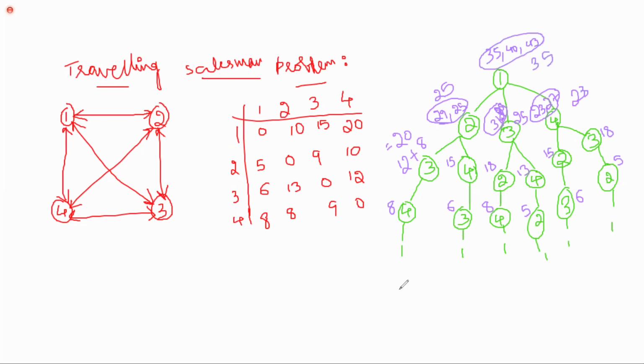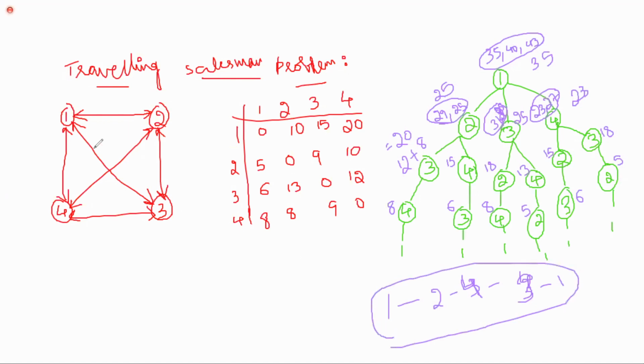Where are we getting 35? In this line only: 1, 2, 4, 3, 1, because 25 is from 2, 4, 3. So 1, 2, 4, 3, 1 is the best path to visit.